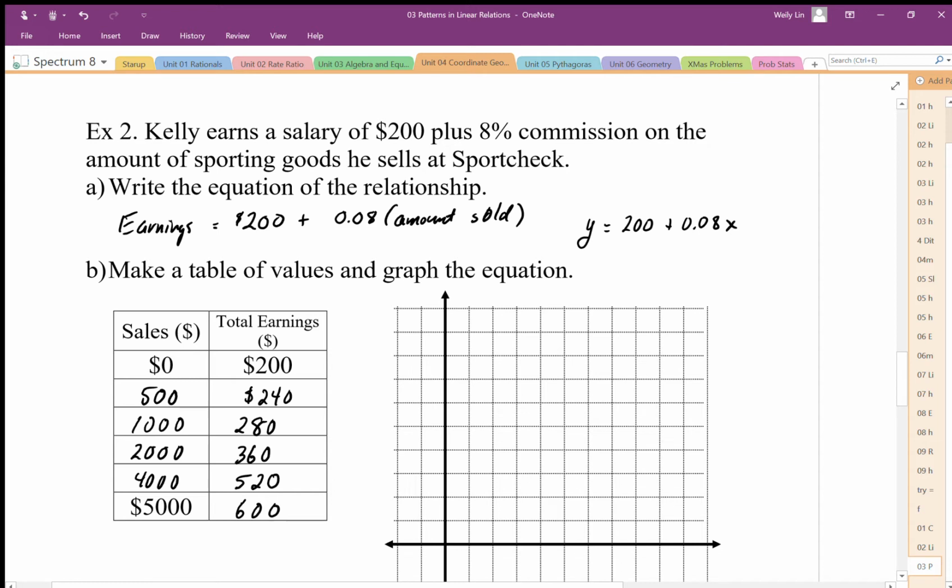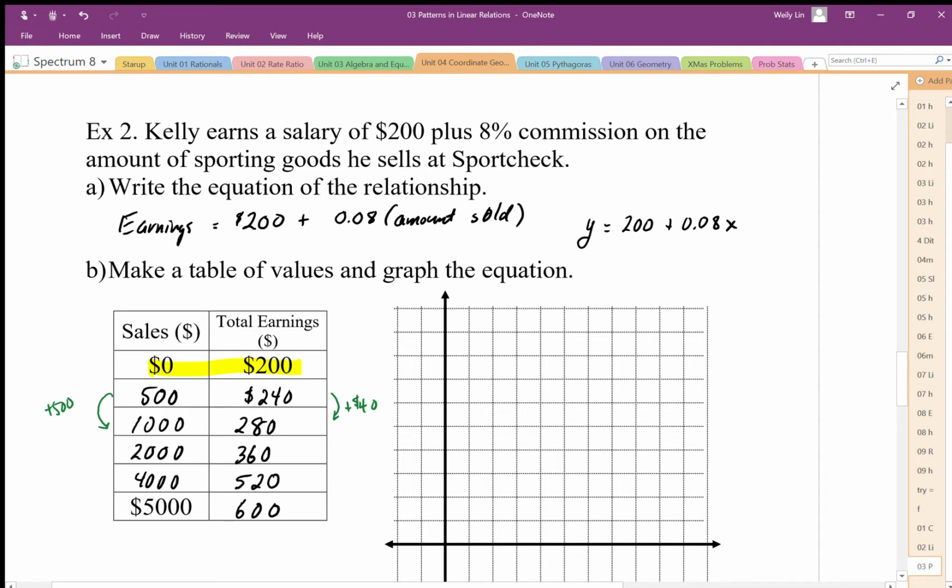Okay, so we have a starting position. That's important. We need to describe slope, or how it changes. We're going to go from 500 to 1,000. That's plus $500 of sales. We end up with plus $40 of earnings. That ratio describes my rate or my slope.